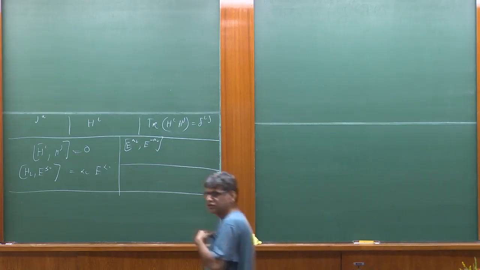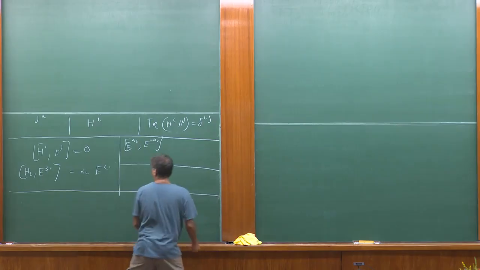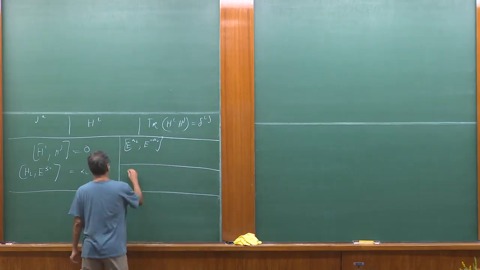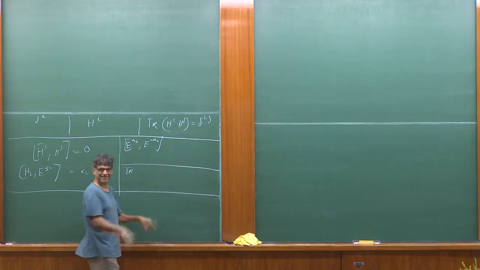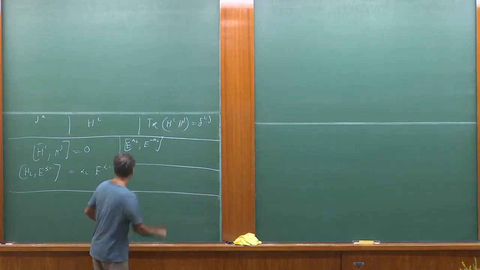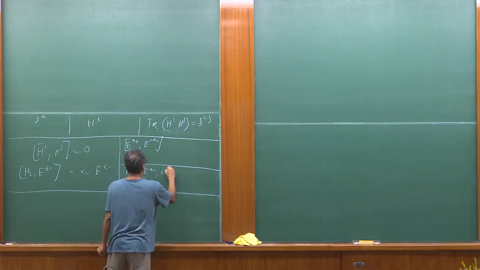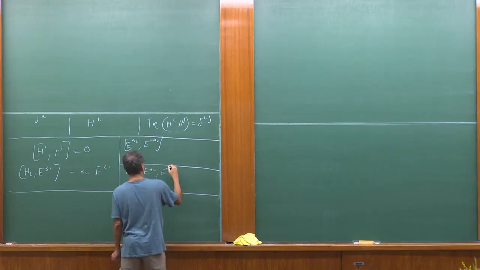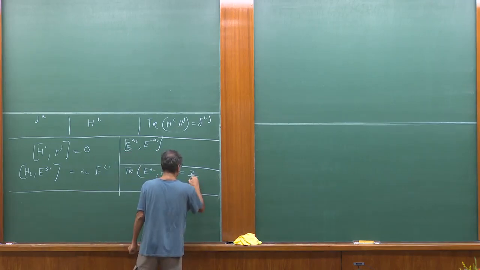I'm going to make a choice that will be convenient for me. I'm going to normalize these so that the trace, or inner product, (I'll always write trace, but it's an inner product) of E_α and E_{−α} is equal to 2/|α|².